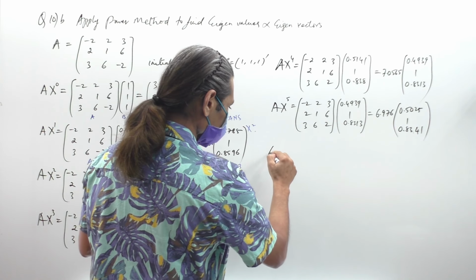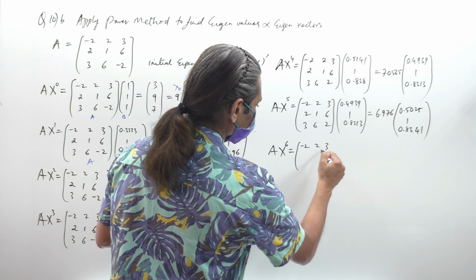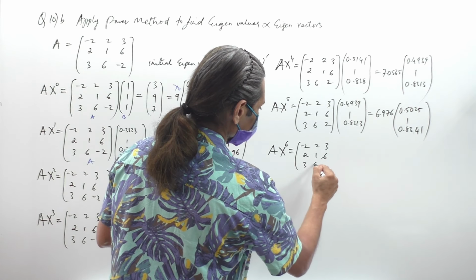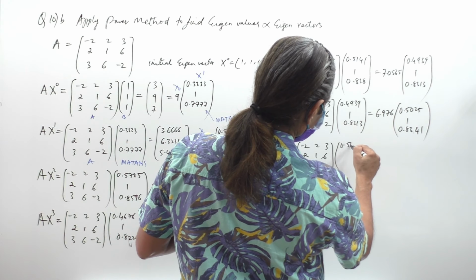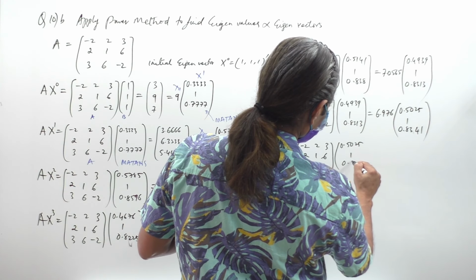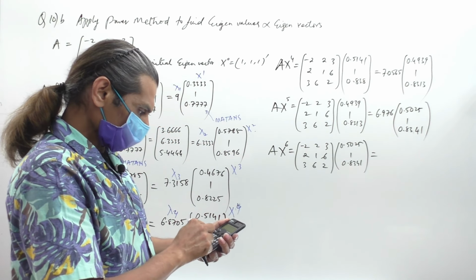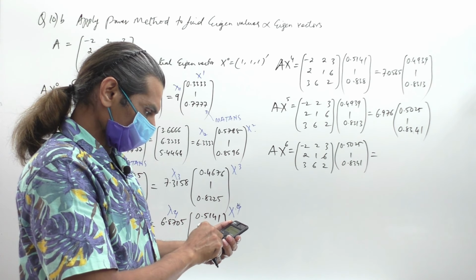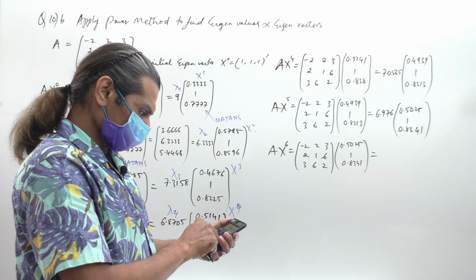So I will do a last iteration. A into x6 is equal to minus 2 2 3, 2 1 6, 3 6 2 into 0.5025, 1, 0.8341. So this will be again catalog, matrix A into catalog, matrix, go down to get the answer.